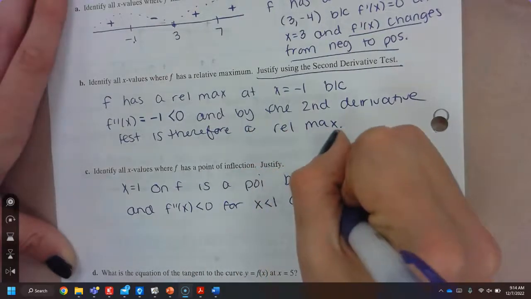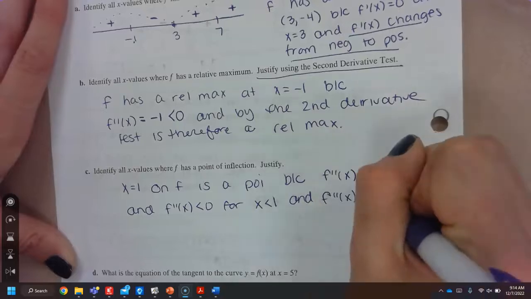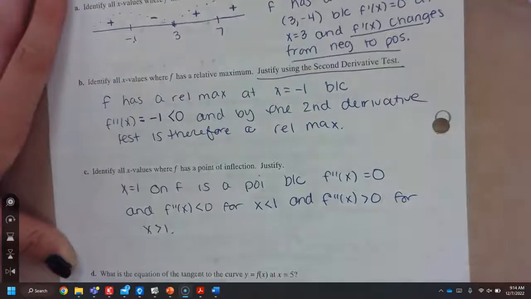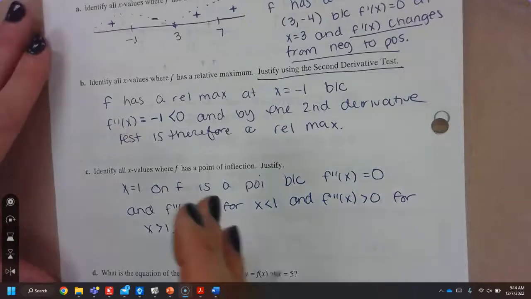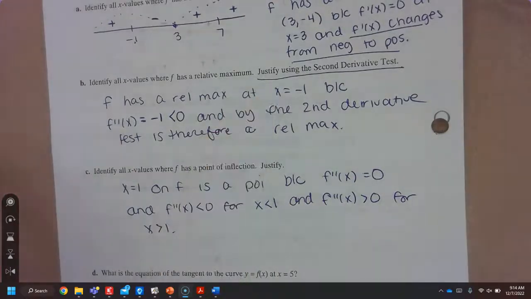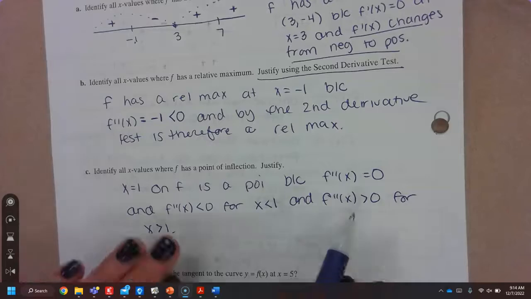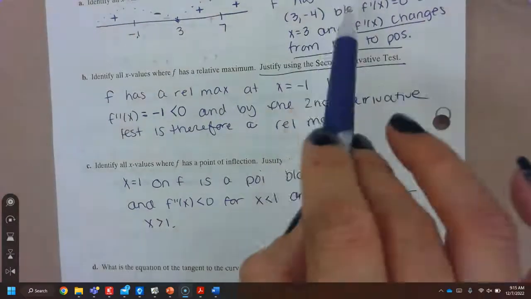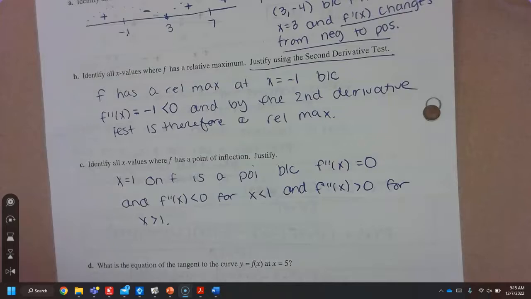And f double prime of x is greater than 0 for x values greater than 1. Another way of talking about it: f double prime of x changes from negative to positive. You could talk about it this way as well. You could also go back and revert to the sentence from up here. I'm just giving you different justification writing sentences.